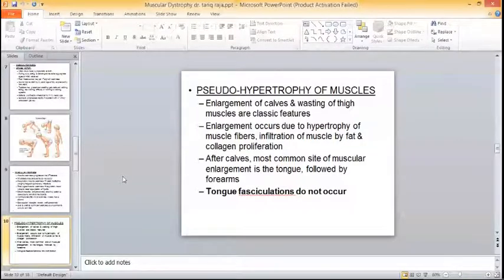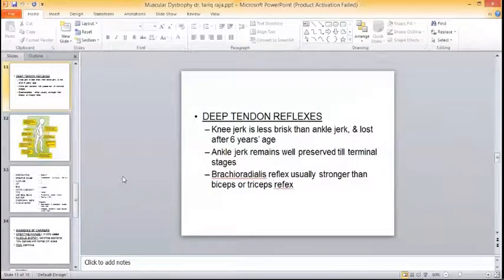Tongue fasciculations do not occur. Again, another major differentiation, tongue fasciculations do not occur. Remember the words do not, as tongue fasciculations are usually part and parcel of congenital myopathies. So whenever you encounter something like tongue fasciculation, do not consider Duchenne muscular dystrophy in your differential diagnosis.